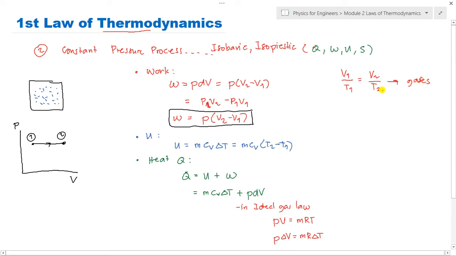It cannot be applied to pure water at a certain volume and temperature, because the process for water is different. For gases, the constant pressure process is also known as Charles's law.